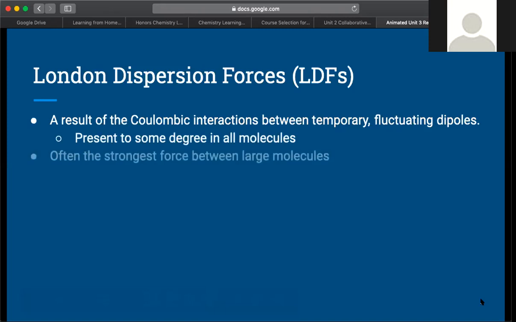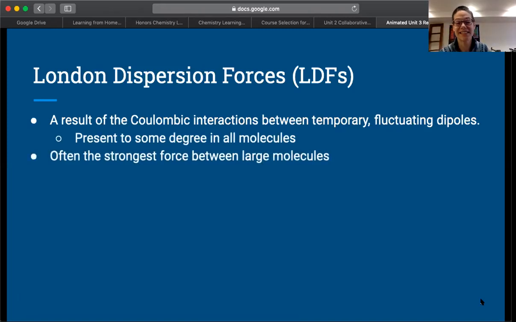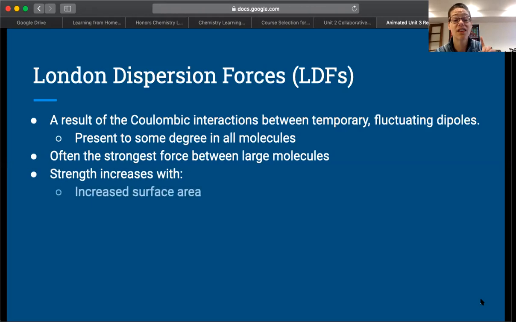Okay. So everybody has London dispersion forces. And when we are talking about large molecules, they tend to be the actual thing that is the strongest, because these are going to increase based on the surface area.